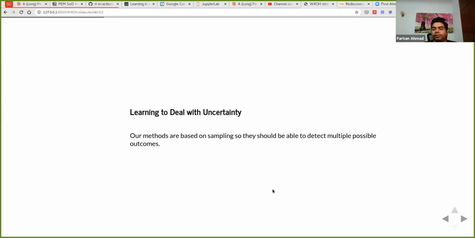So if there is uncertainty and there are different outcomes possible, then if we get enough samples, we will also be able to learn this behavior. And that indeed seems to be the case when we tried Monte Carlo, SARSA, as well as Q learning. All of them were able to converge pretty fast. I think within 5,000, 10,000 steps, they were able to converge and learn this behavior.